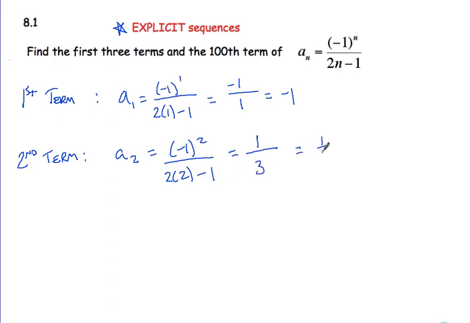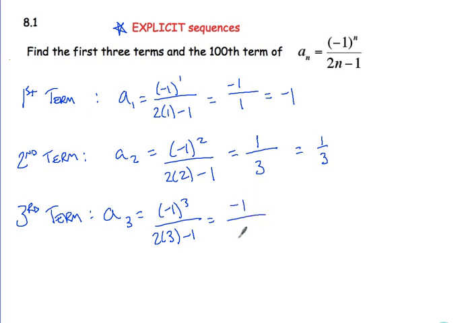So my second term is 1/3. To get my third term, I'm going to plug in a 3. So a sub 3 will equal negative 1 to the third over 2 times 3 minus 1. Negative 1 to the third is negative 1, and then we'll have a 5 in the denominator. So our third term is negative 1/5.